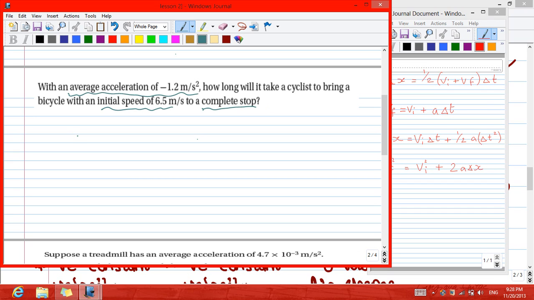And then we start writing the given to make it easier. So we have given a, which is negative 1.2 meter per second squared, and vi equals 6.5 meter per second, and vf equals 0 meter per second, and we have to find the delta t.